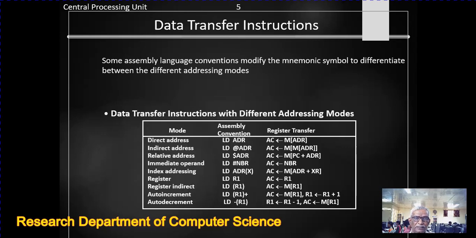Apart from that, some assembly language conventions modify the mnemonic symbols to differentiate between the different addressing modes.